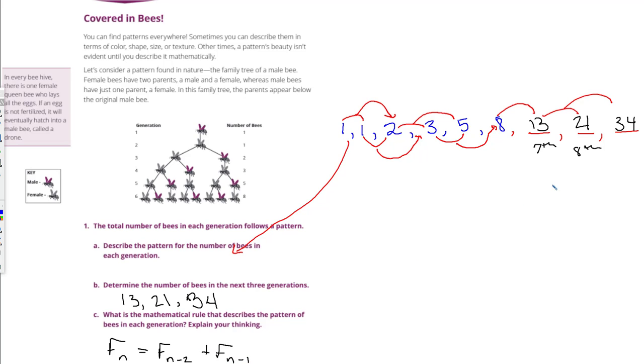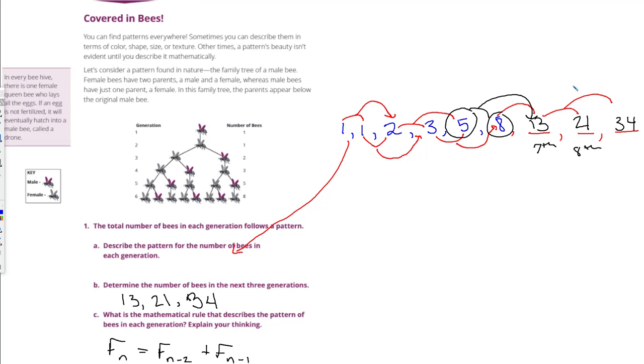So what this is saying is, if I'm trying to find that 7th term, n minus 2 means I go 2 units 2 times back. So I get the 5. Plus the n minus 1, which is the 1 time back, which is the 8. So I take those two numbers, add them together, and I get my 13.